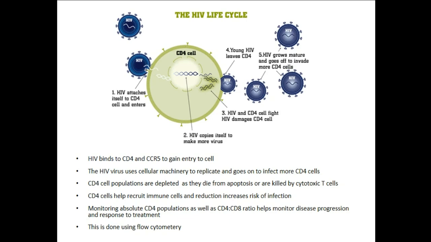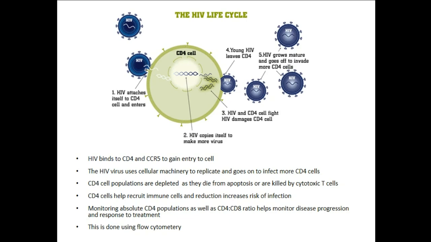And the CD4 cells are critical to monitoring HIV infection. Because when you measure the absolute number of CD4 cells, you can get an indication of how far gone the infected person is. Based on the number of CD4 cells present, it can provide information to help with the prognosis for that particular patient.